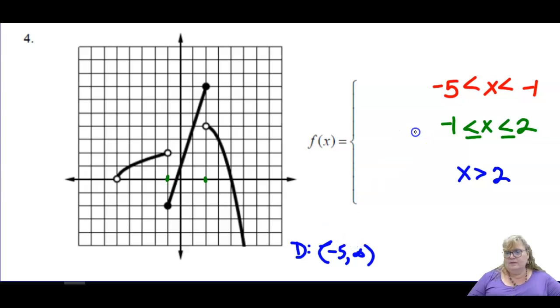All right, let's go back and fill these in. So the red one, this was a square root graph because it's this shape. Now, normally it starts at 0, 0 and goes through 1, 1 and 4, 2. This one is shifted left 1, 2, 3, 4, 5.